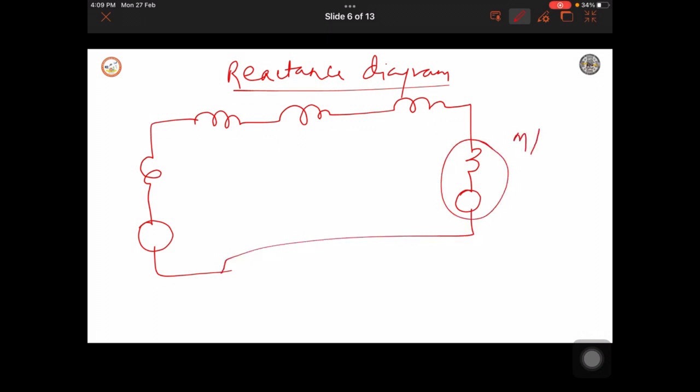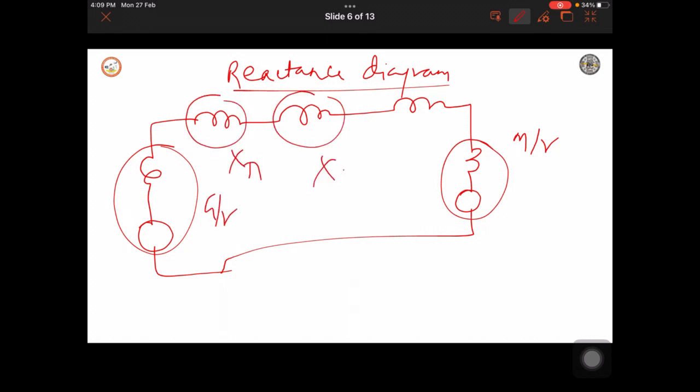This is motor, this is generator, this is transformer 1, this is transmission line, and this is transformer 2. So, for this we have to find the reactance values.